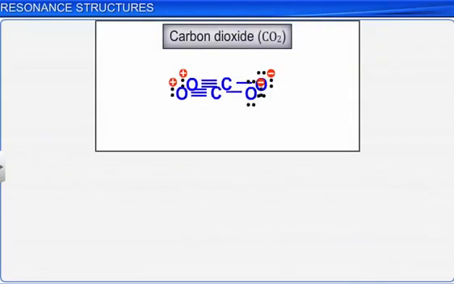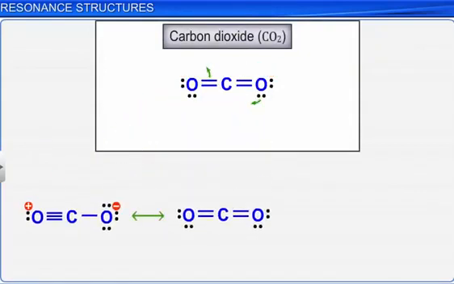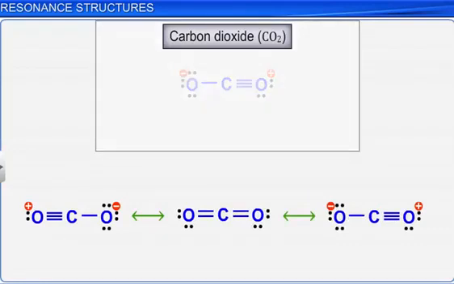We can represent a carbon dioxide molecule by the three following Lewis structures. None of the single structures explain the observed carbon to oxygen bond length, which is 115 picometers.